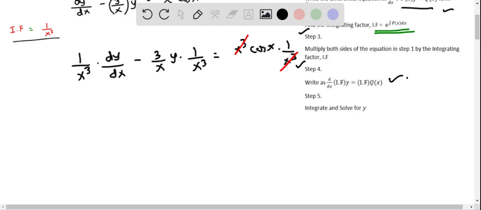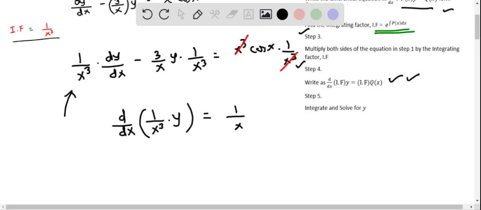That is, we are now doing step 4. In step 4, we can write the left side expression as d by dx of integrating factor, which is 1 by x power 3, times y, and this equals integrating factor, which is 1 by x power 3, times q of x.